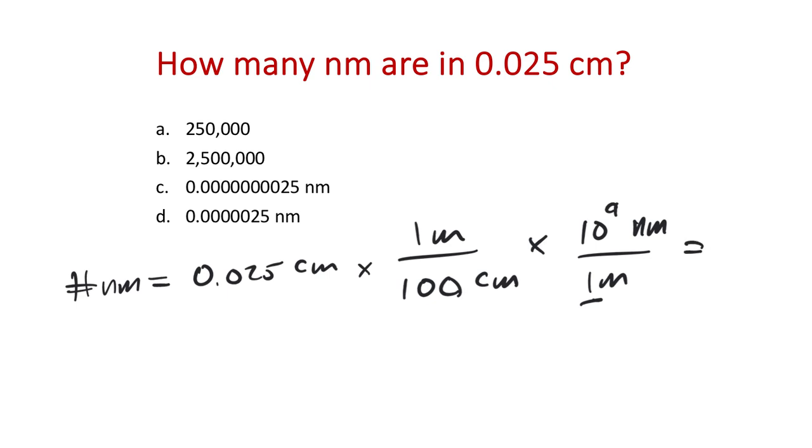And then the difference between answers A and B is going to be simply a calculator error in how we're putting this into our calculator. So if we go 0.025, divide by 100, we just have to multiply by 10 to the 9 or 1e9, something that gives us 10 to the 9. I like to hammer on this because I see students enter 10e9 for 1e9.